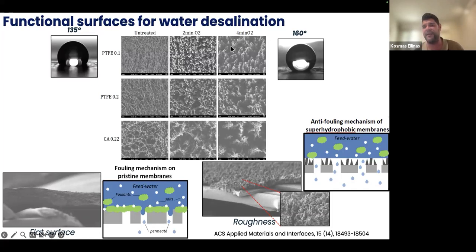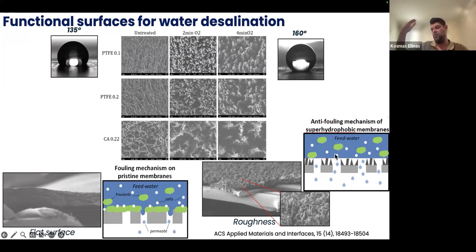So by texturing or adding top layers of nanofilaments, you can create superhydrophobic membranes, going from this kind of case to this kind of case. In this way, you achieve the antifouling mechanism.